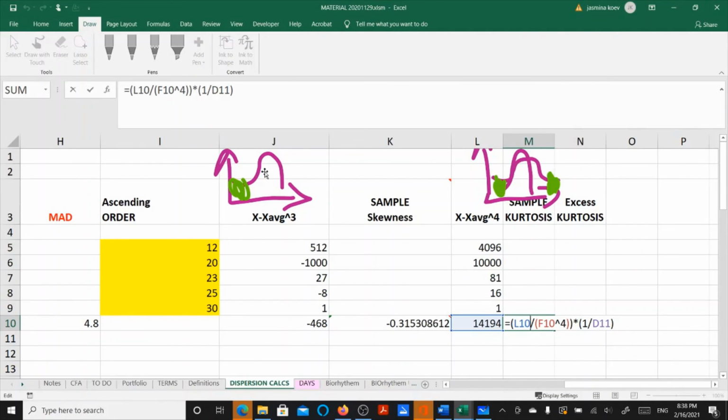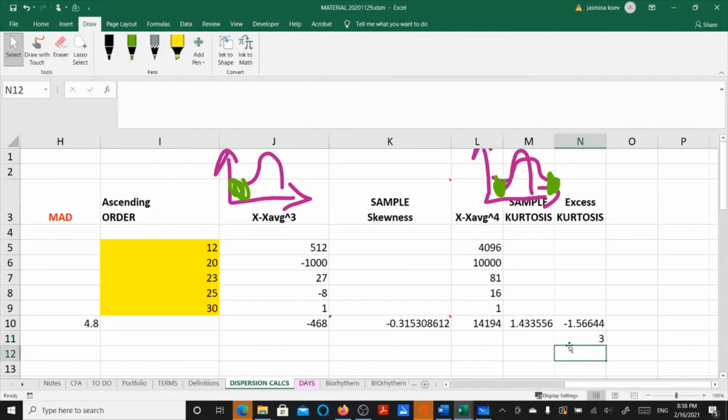So here we're doing to the power of 4, and I'm taking that result minus 3. And just to tell you, when you have a minus, since the normal distribution is always a 3, if you have a platykurtic data set, which is what I have with my data, you will get less than the 3, so you'll get a negative result.